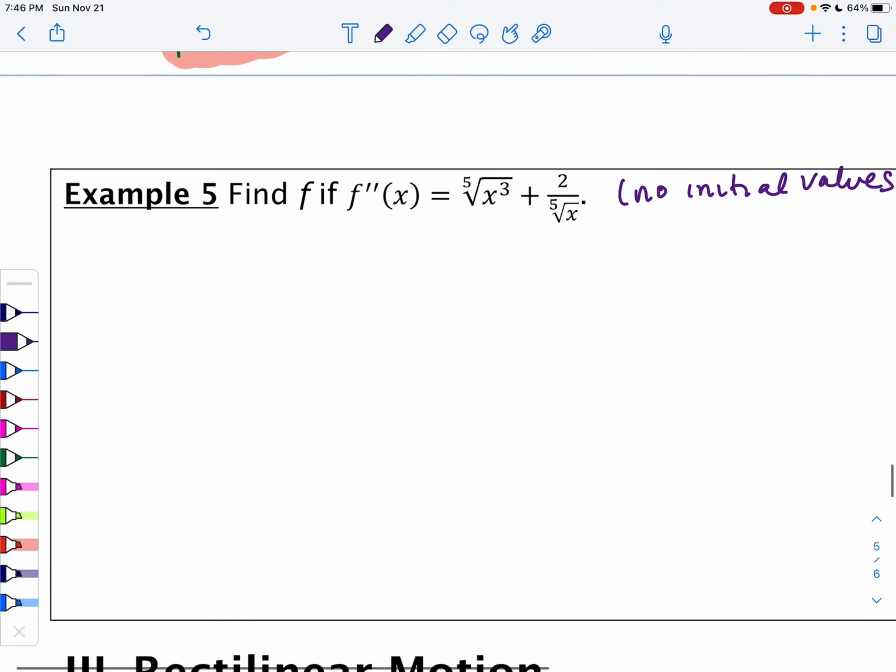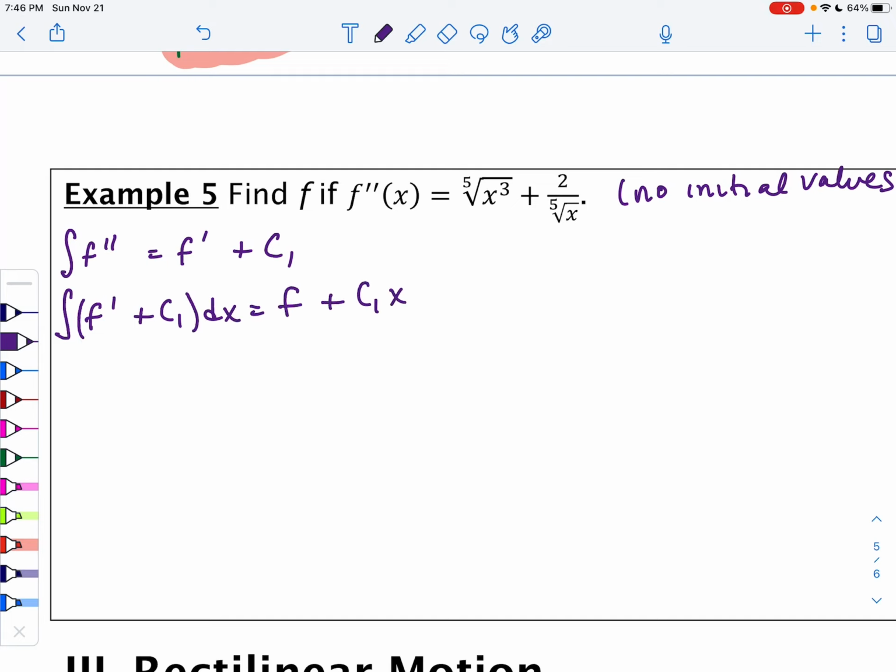Okay. So just to be clear, the integral of f double prime is going to be your first derivative plus C1, and your integral of f prime plus C1 dx is going to be your f plus C1x plus C2, right? That's basically where we are going with this, right?